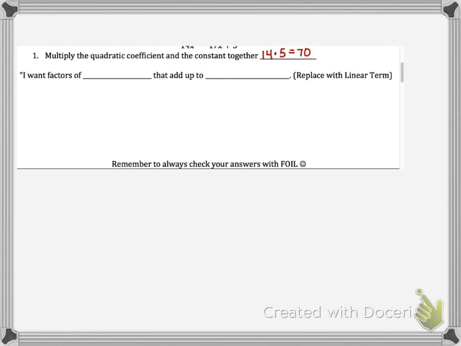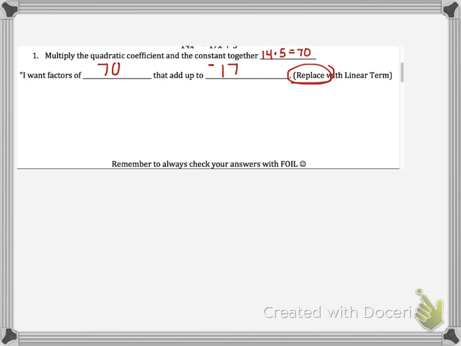In this case, I want factors of 70 that will add up to 17, or negative 17. And we replace those into the linear term.